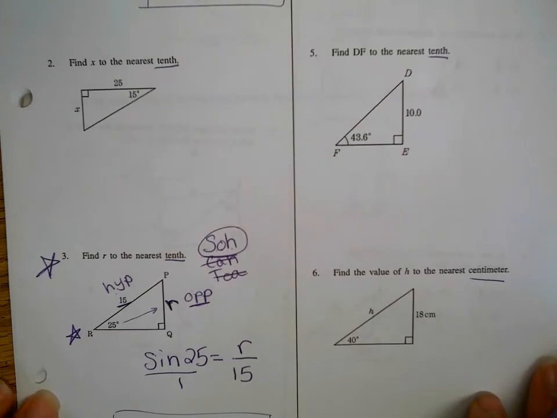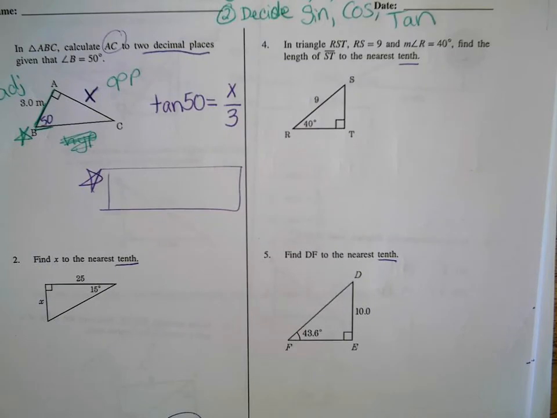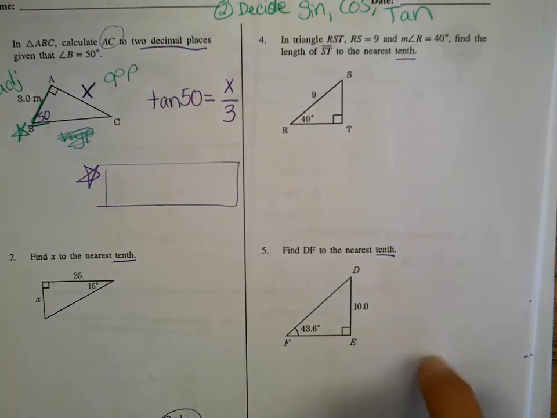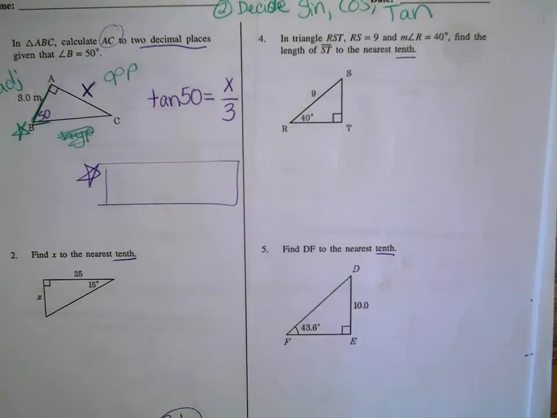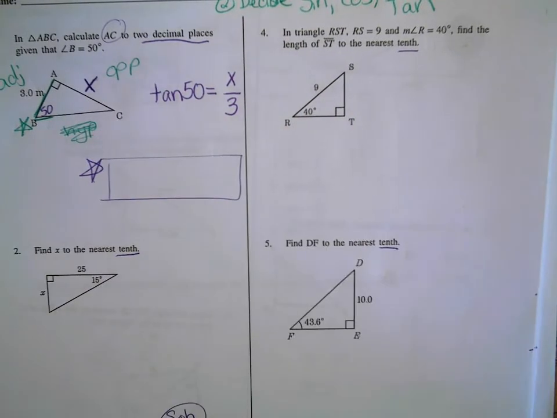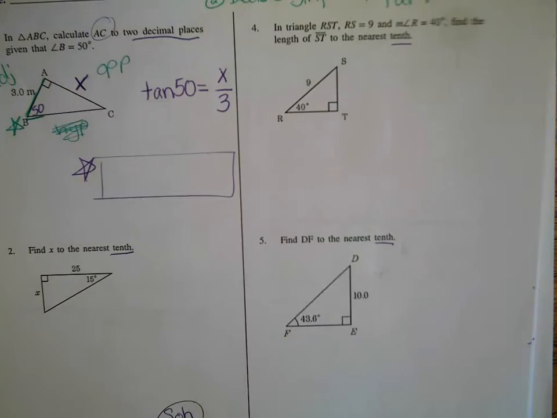The only other question we haven't necessarily looked at, let's do number 10 together. I'm sorry, number 5 together, with this 10.00 and the degree measure with the decimal. So I do want you to try all of these. There's 6 on the front and 5 more on the back.